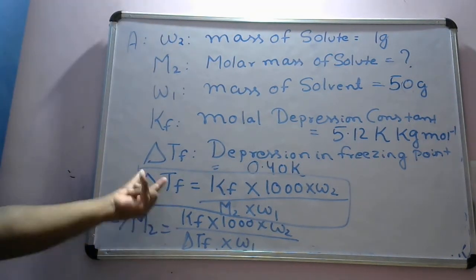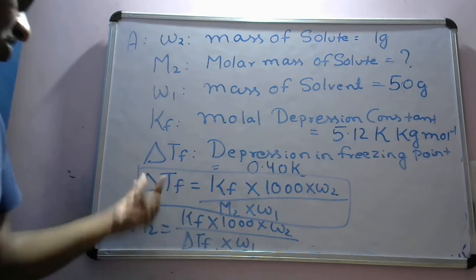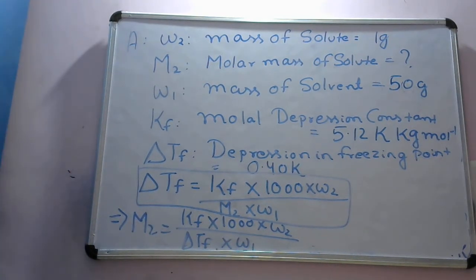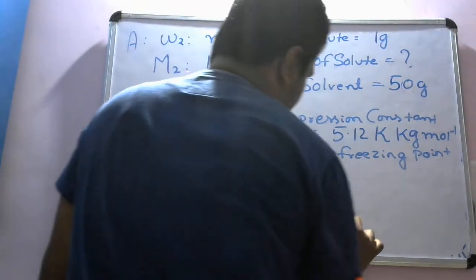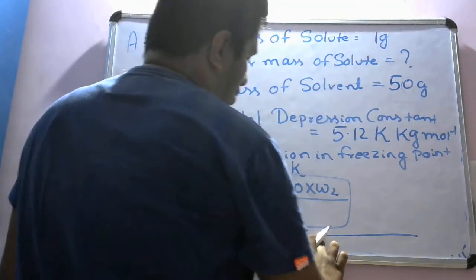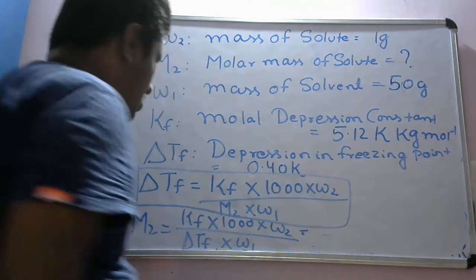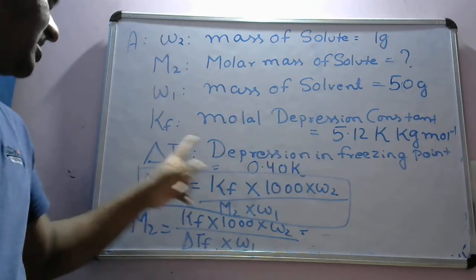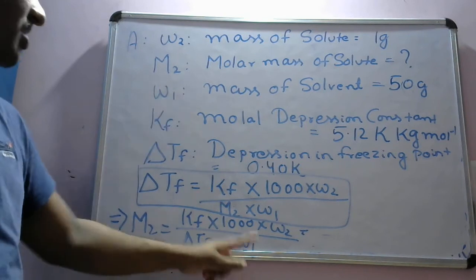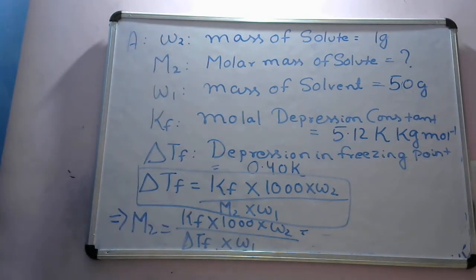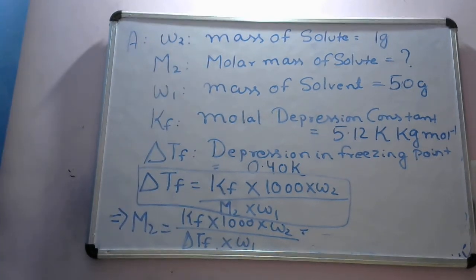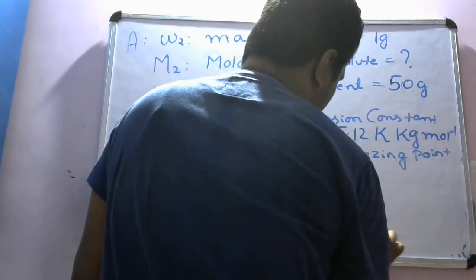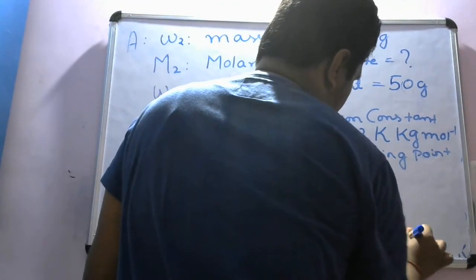I cross multiply delta TF here, M2 here, unknown one side, all the known in other side. Now let us substitute all the values. Kf value is known to us, delta TF value known, W1, W2, you will substitute it. So when you substitute, you will get the value of M2 to be 256 grams per mole.